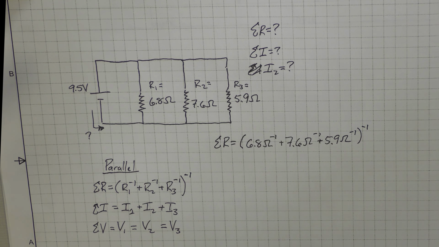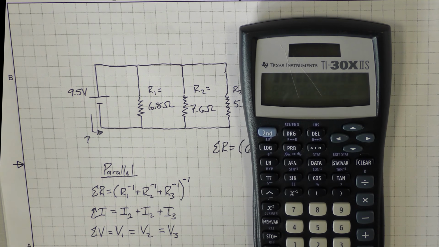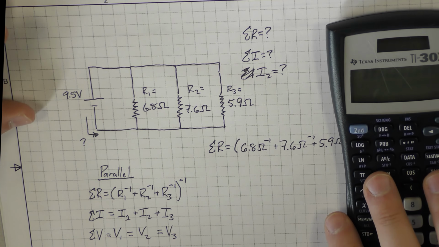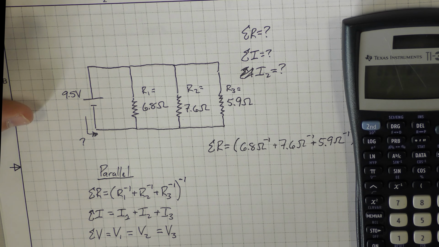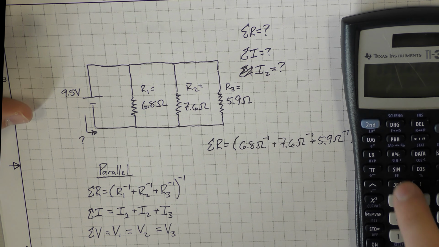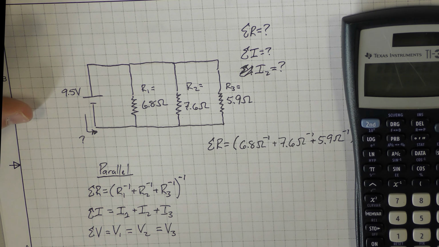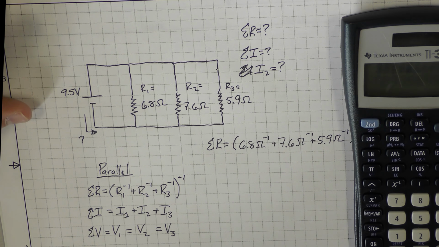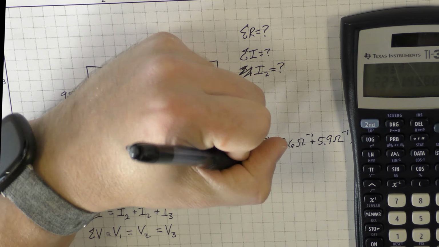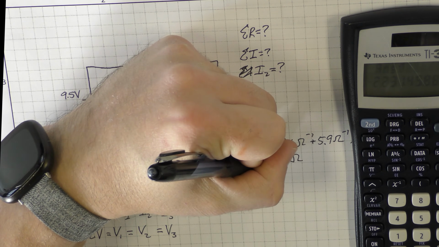Please make sure that you use a calculator to do this. It is a lot easier on a calculator. So if we plug this in, and take that sum to the negative 1 power one more time, our total resistance in this circuit is 2.23 ohms.